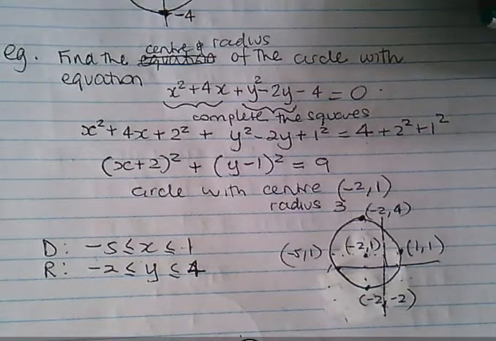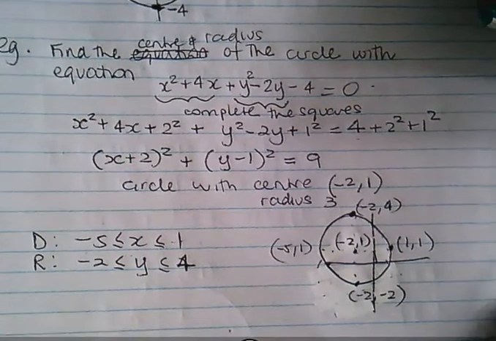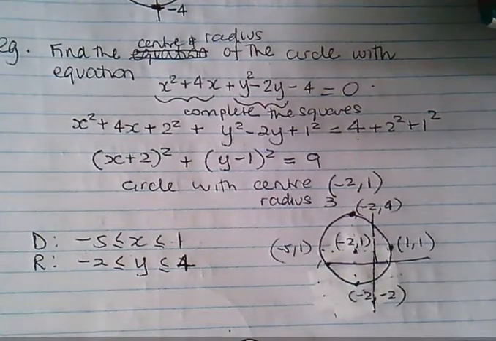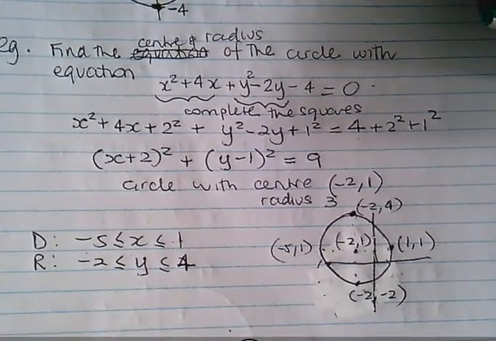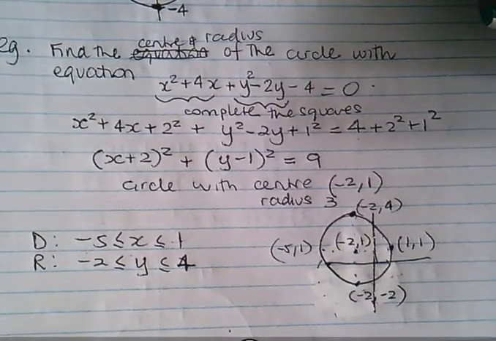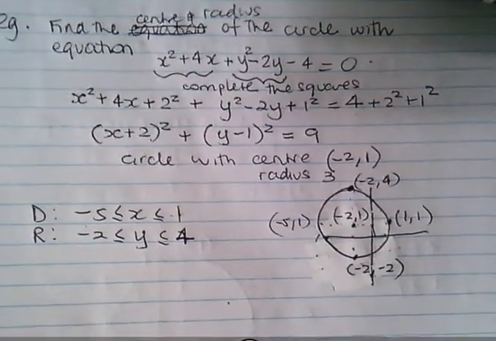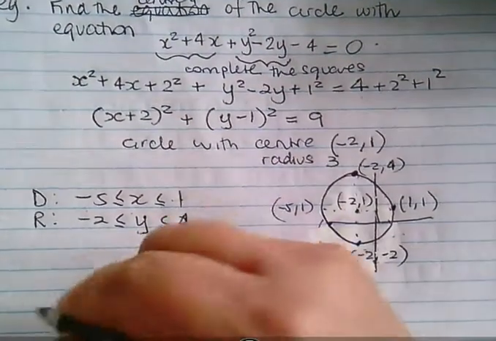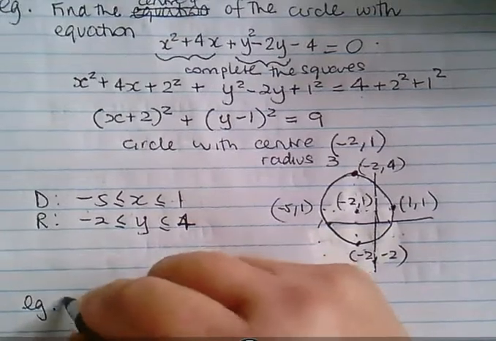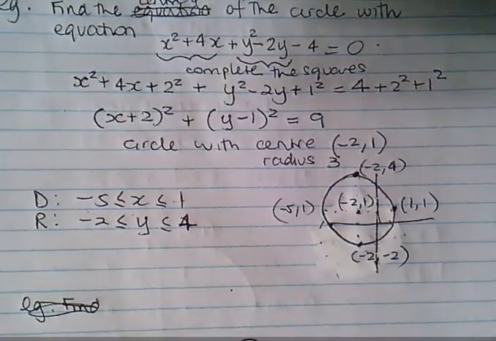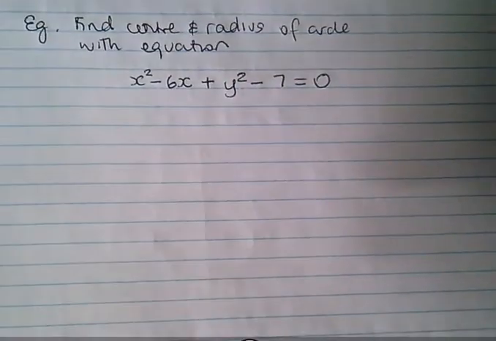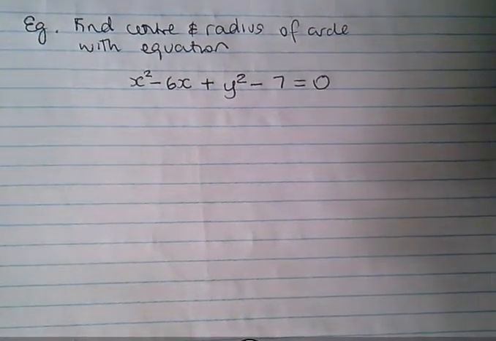Okay. Now sometimes if you complete the square, it may only need to be on one of the terms. So you might see something like this. Find the radius of this circle with this equation, and we'll also do the domain and range, okay?